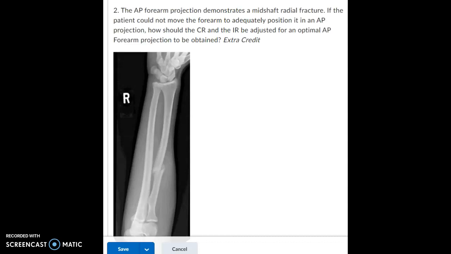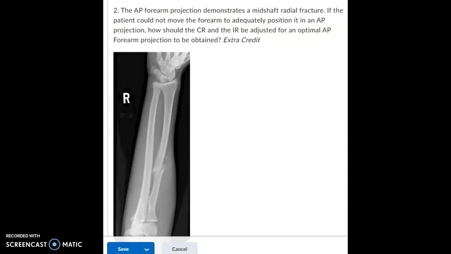For the extra credit, you were tasked with identifying how to position the central ray and IR to obtain an optimal AP projection of the forearm. And so this is in a situation where the patient cannot move the part, but you're going to move and align the central ray and the IR.